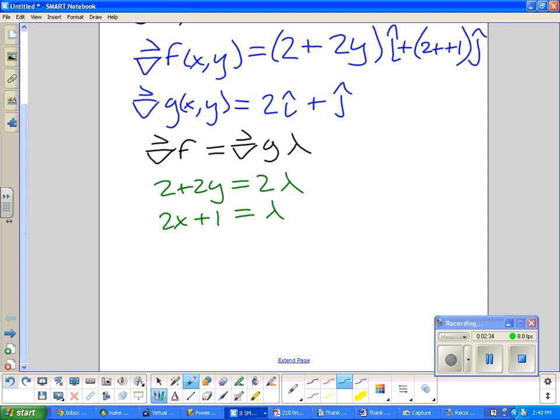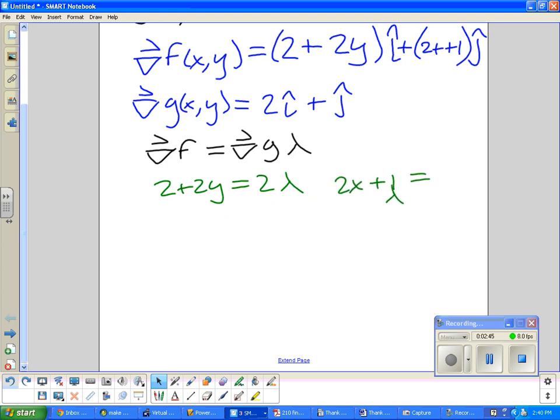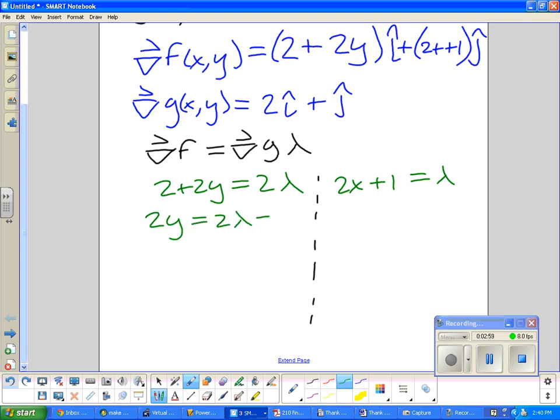Now I'm going to solve these for values of x and y. Let's bring the 1 over, bring the lambda with it. We subtract 2 over and get 2y equals 2 lambda minus 2, so y equals lambda minus 1.